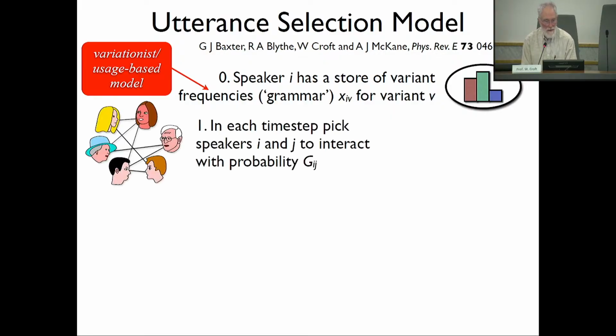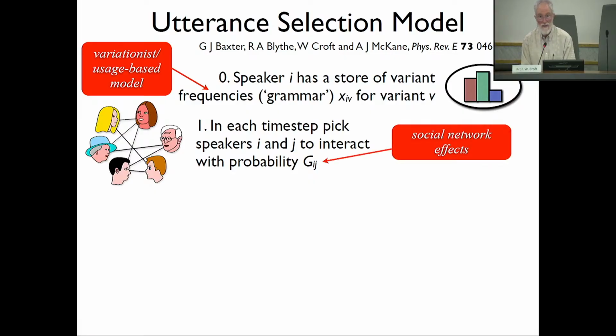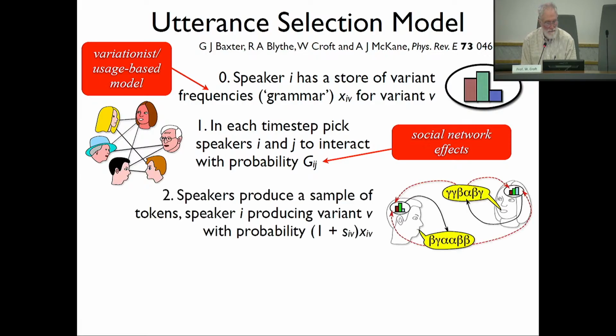And so we're going to model conversations. At each time step, pick speakers, call them I and J, to interact with a probability G_IJ. That's social network effects, who you talk to. Then speakers produce a sample of tokens, speaker I producing a variant V with a probability. The probability is X_IV, but the 1 plus S_IV is the selection, the replicator selection.